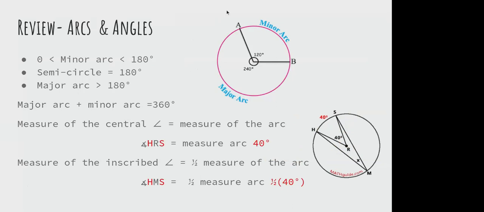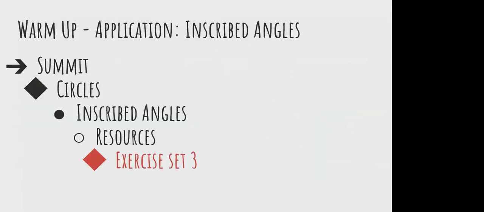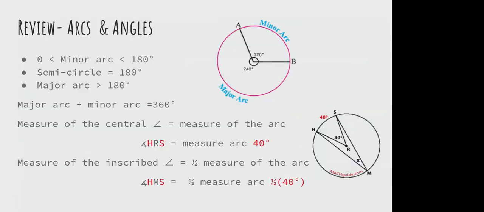Every circle has a major and a minor arc between 2 points. When you add them both together, you get the complete circle, 360 degrees.